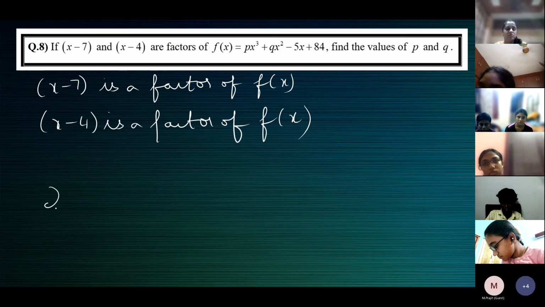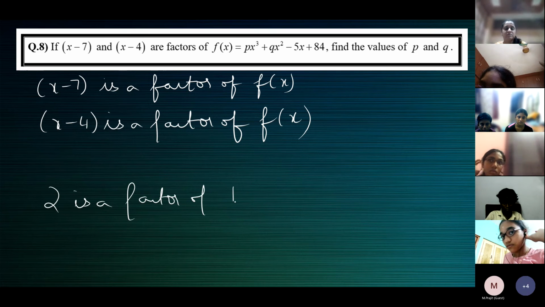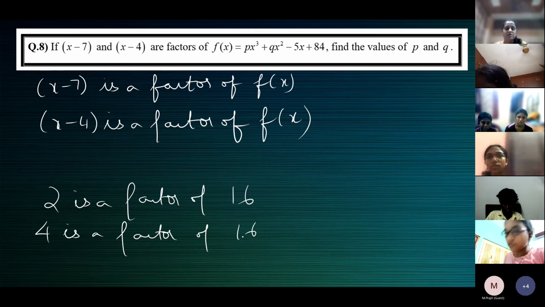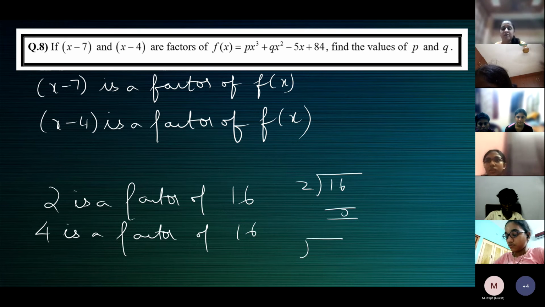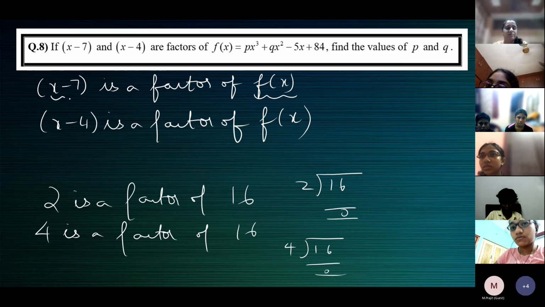Like saying 2 is a factor of 16. 4 is also a factor of 16. So that means when you divide 16 by 2, the remainder is 0. When you divide 16 by 4, the remainder is 0. So when you divide f of x by its factor x minus 7, the remainder will be 0.